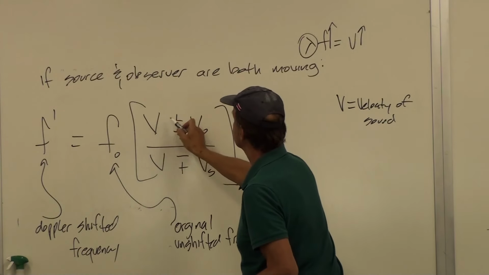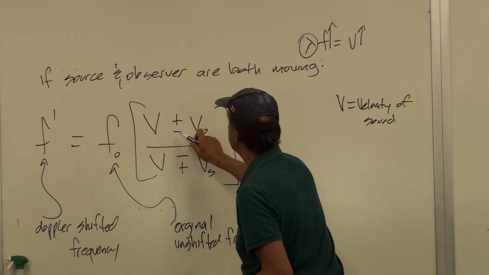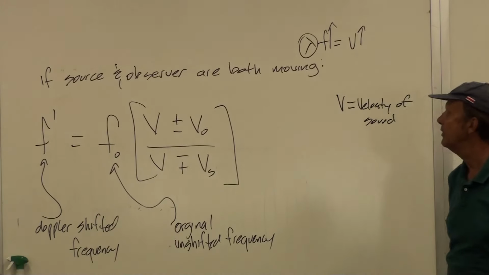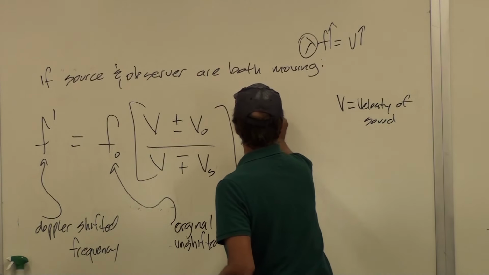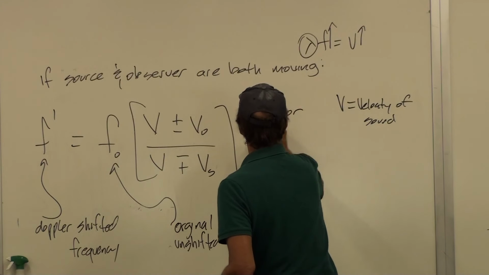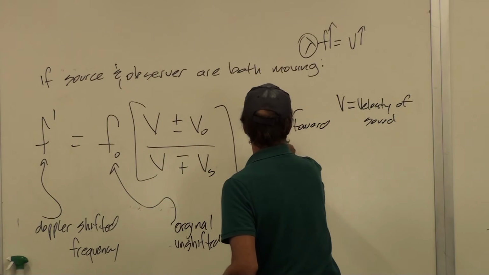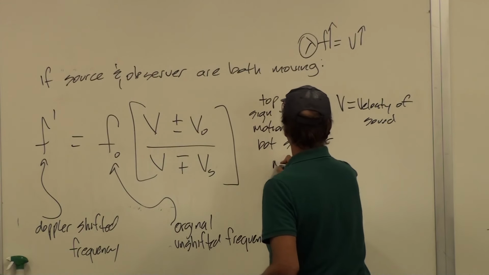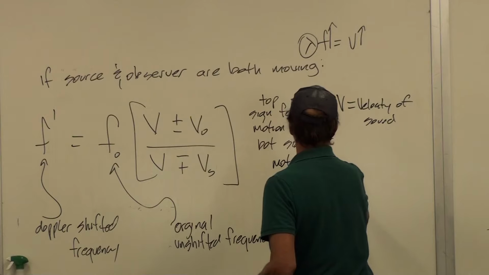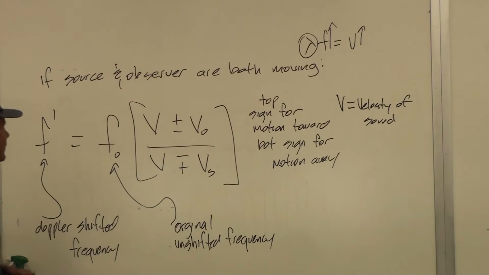So here, this is going to be V plus VO for motion toward, or V minus VO for motion away. And that's true for both the numerator and denominator expression.